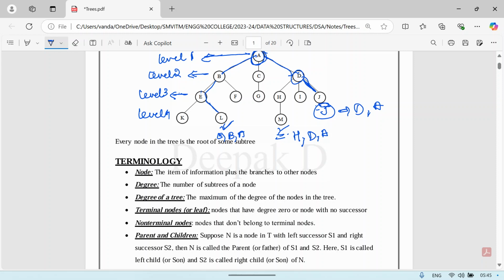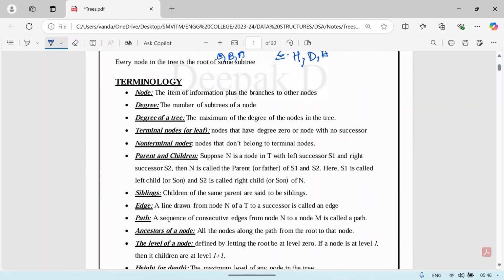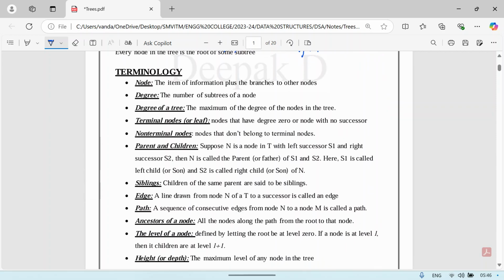In very simple terms, level means how many different steps there are. For the root it is level 1, its child becomes 2, then if it has some more children, that becomes 3 and so on. It is defined by letting the root be level 0, or you can say level 1 also. Then you count from there.